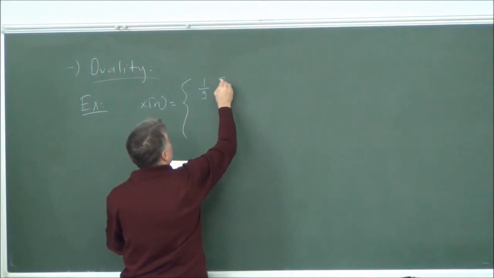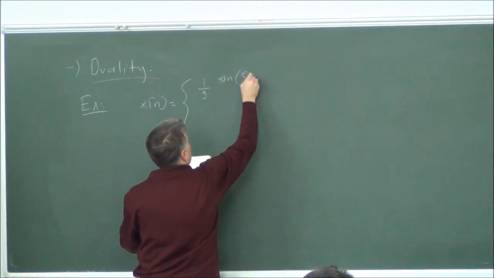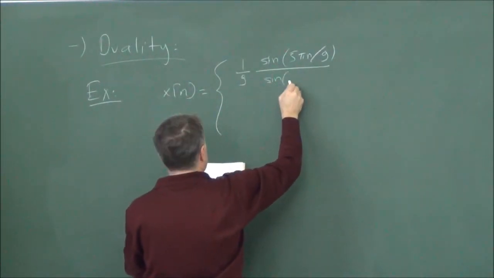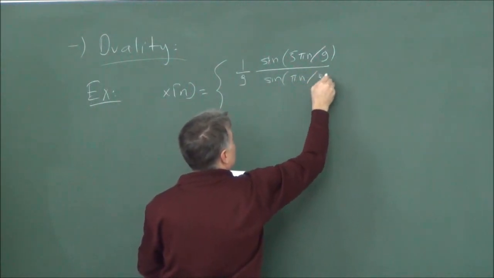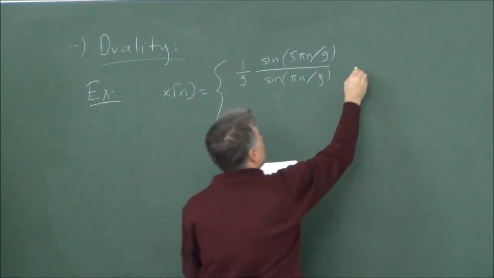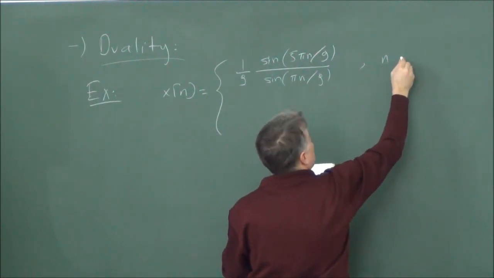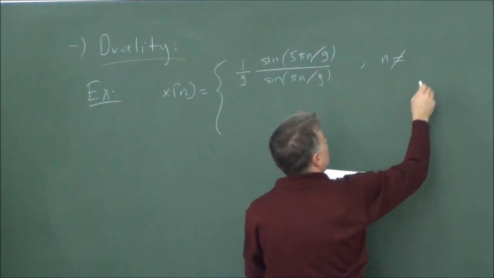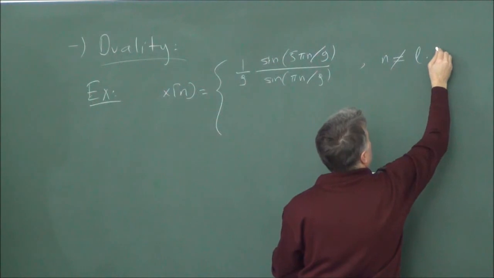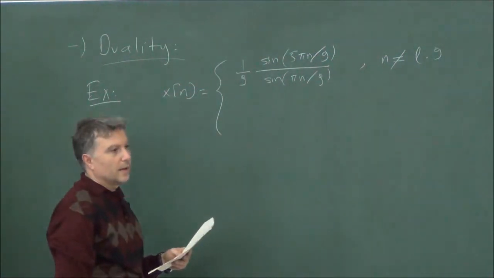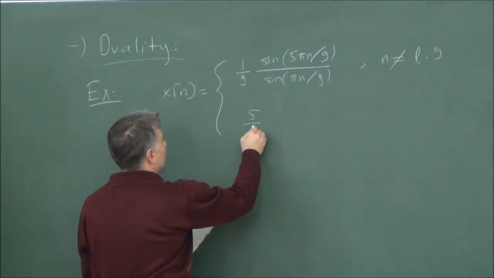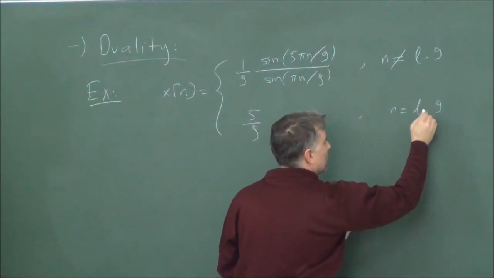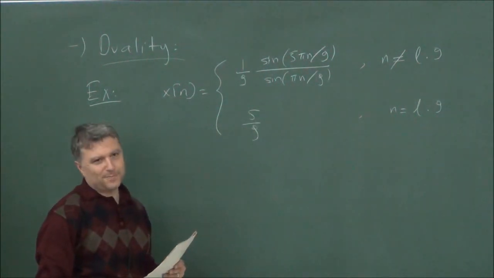It is 1/9 sine 5 pi n over 9 over sine pi n over 9 when n is not an integer times 9, and it is equal to 5/9 when n is equal to an integer times 9, for example, when n is equal to 0.